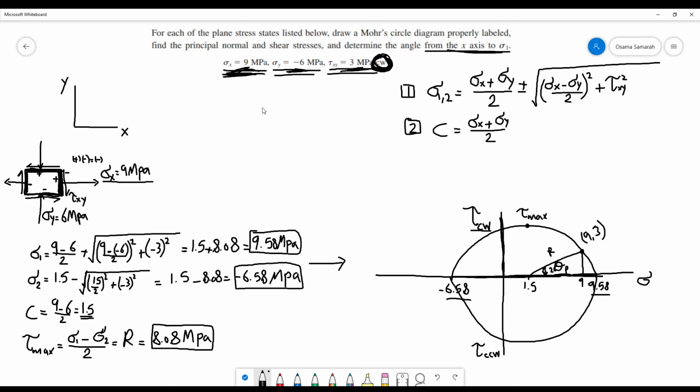So let's find 2 theta p. If we do tangent 2 theta p, it's going to be equal to the opposite, which is this one right here, 3, the shear stress, over this distance right there, which is 9 minus 1.5, which is 7.5.